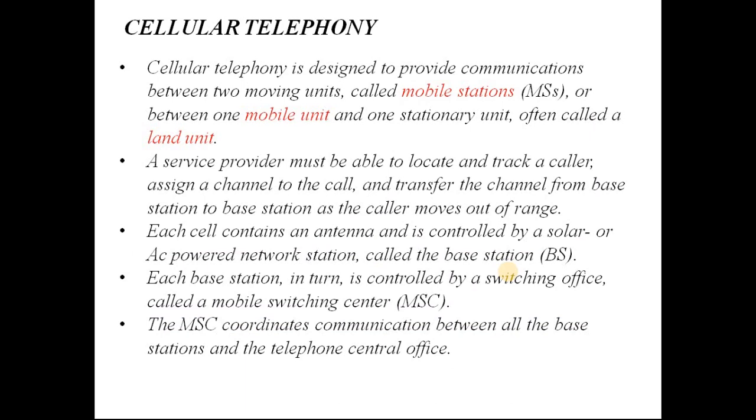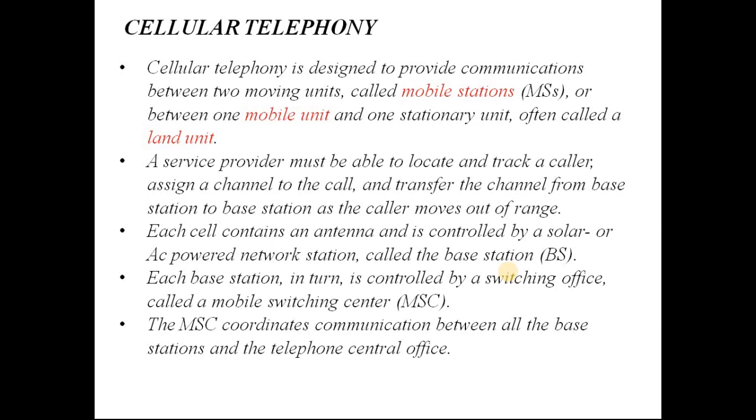Next, we'll move on to cellular telephony. Cellular telephony is designed to provide communication between two moving units called mobile stations, or between one mobile unit and one stationary unit, often called a land unit.